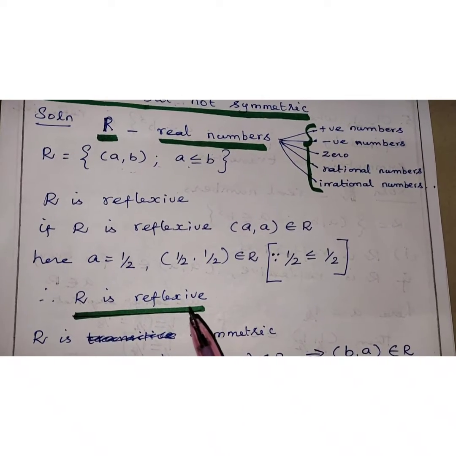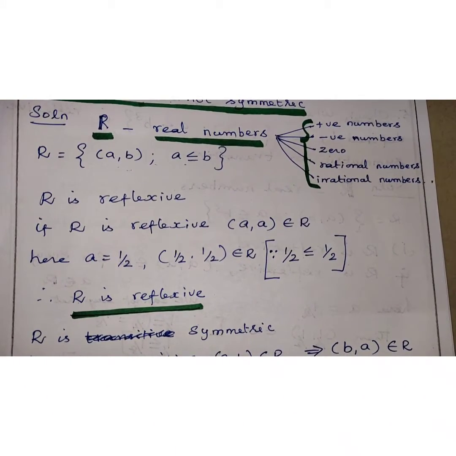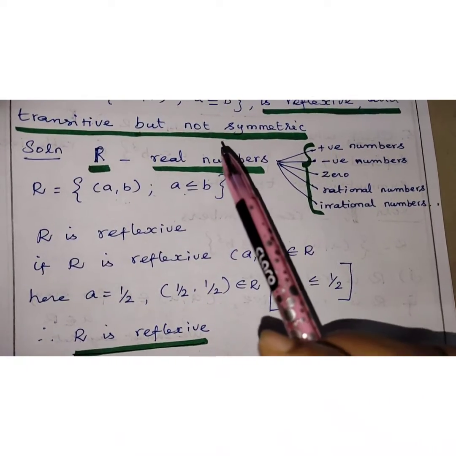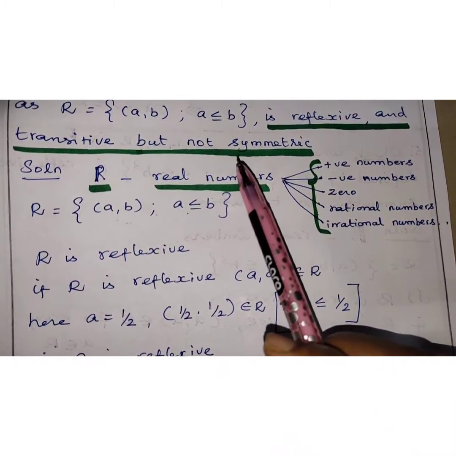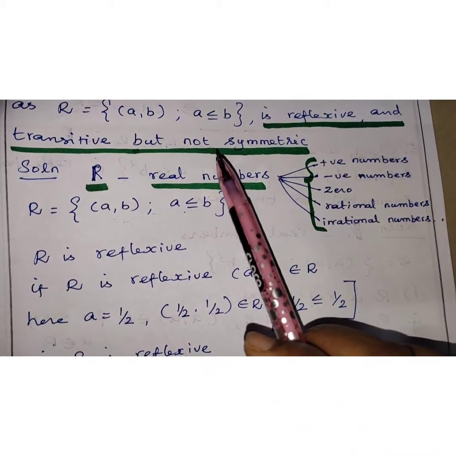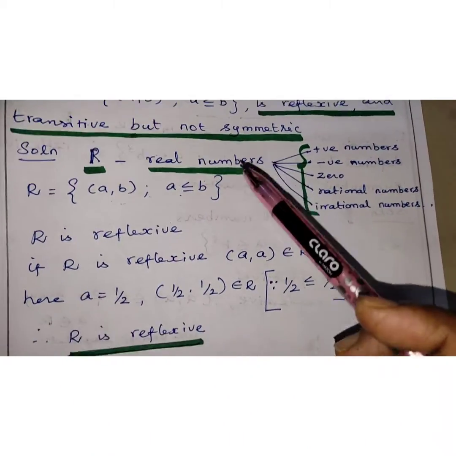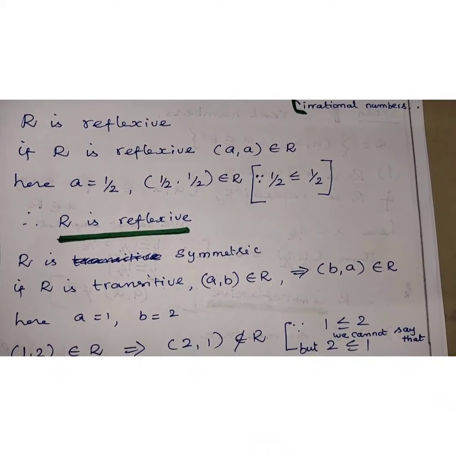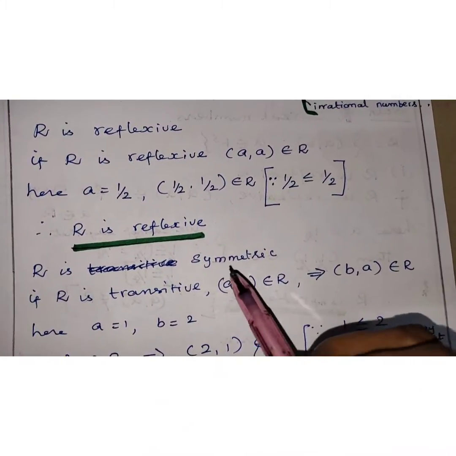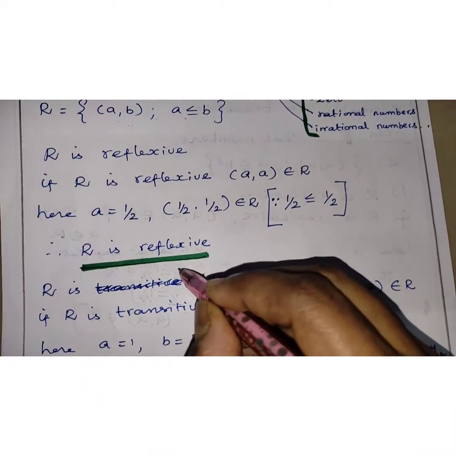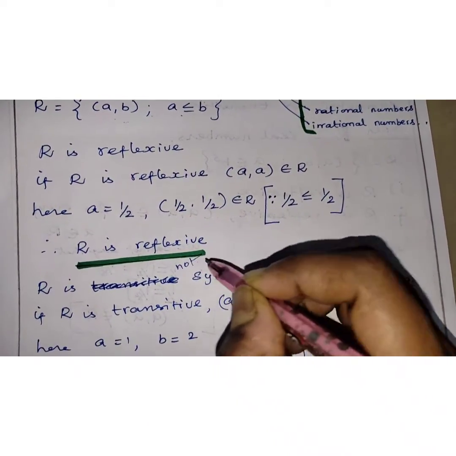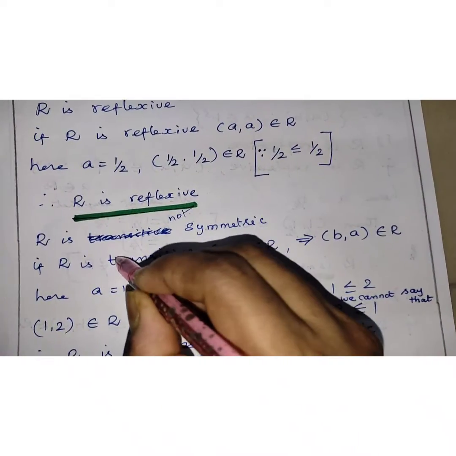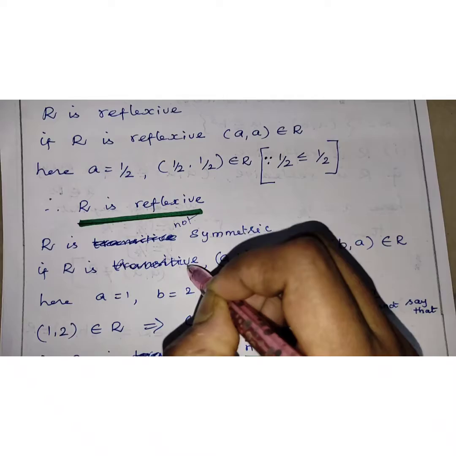Now we have to prove that R is not symmetric. Here I made one mistake.